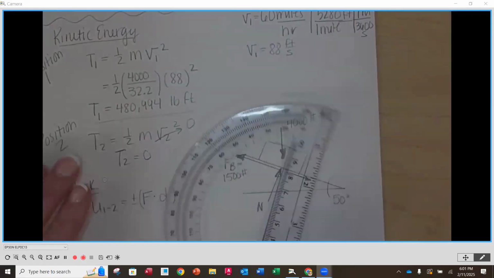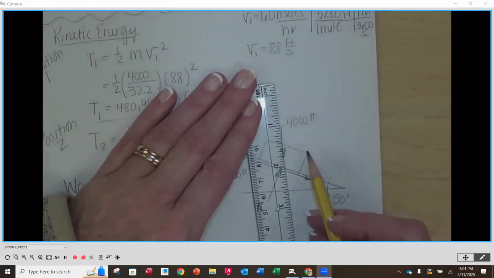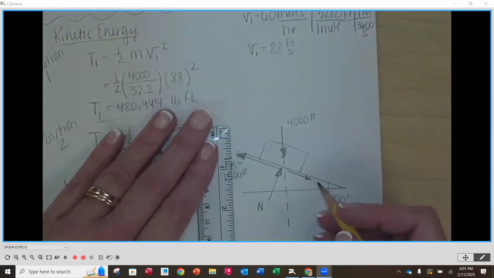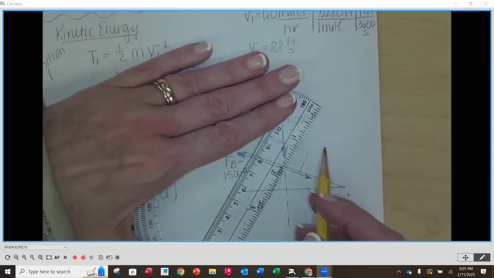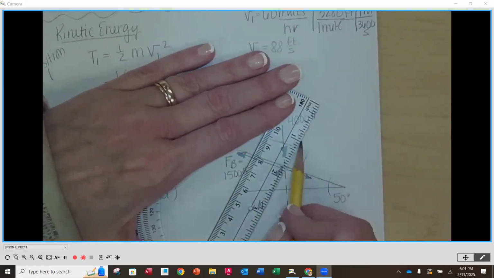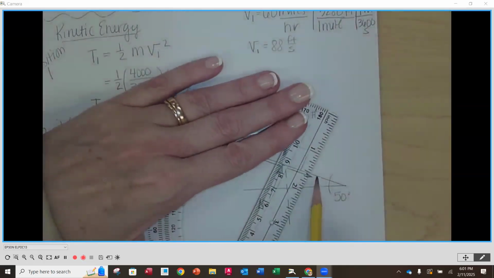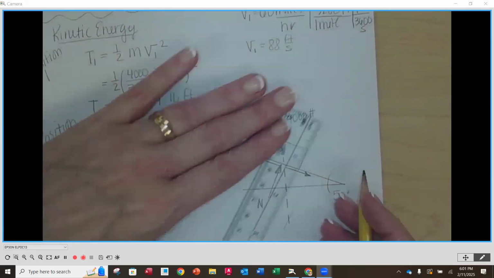So to find that, what we're going to do is we're going to kind of extend our force down. I'm going to make a dotted line here. Okay. And I'm going to draw a perpendicular line here. Now, what this does is I'm going to draw a line parallel here.